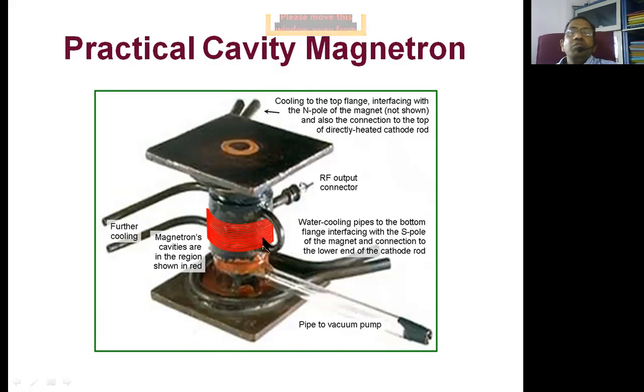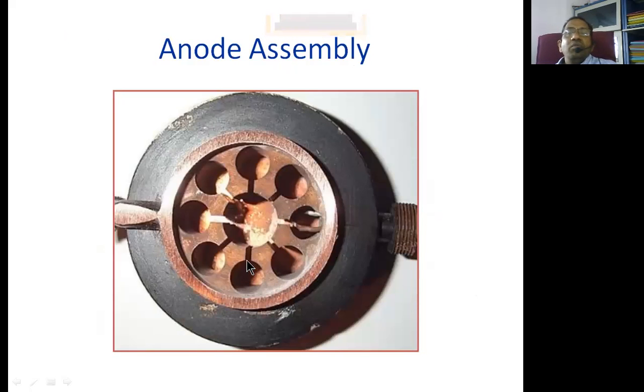Okay, so next we move on to the next slide. This is the top view of the cross section of the magnetron. See this now, all these are known as cavities. If you observe these cavities, 1 2 3 4 5 6 7 8. We have the 8 cavity magnetron in the syllabus, therefore I picked this slide, which is an 8 cavity magnetron.